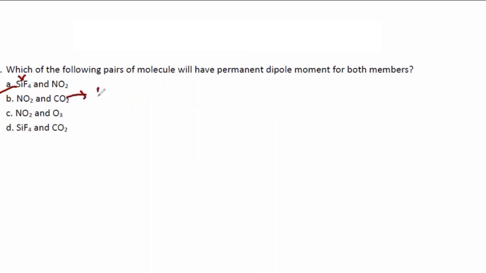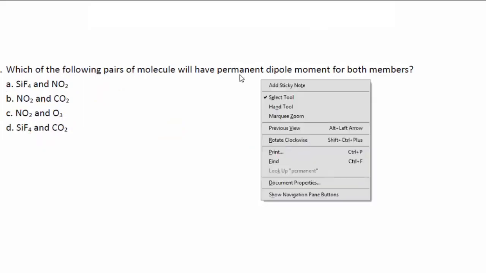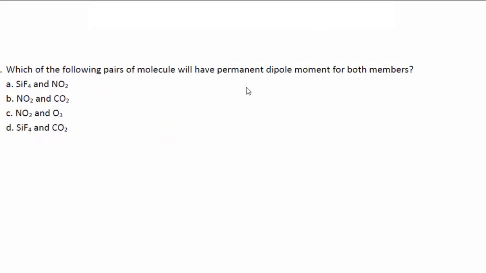CO2, the structure is linear, perfect geometry, the dipole moment is 0. So this is not okay. SiF4, once again, these two are 0 dipole moment. NO2, the shape is angular. And ozone, the shape is also angular. So the perfect answer is C. Both have angular imperfect geometry, so net dipole moment will be there.